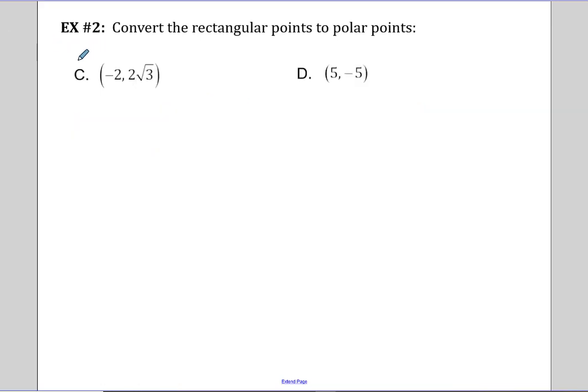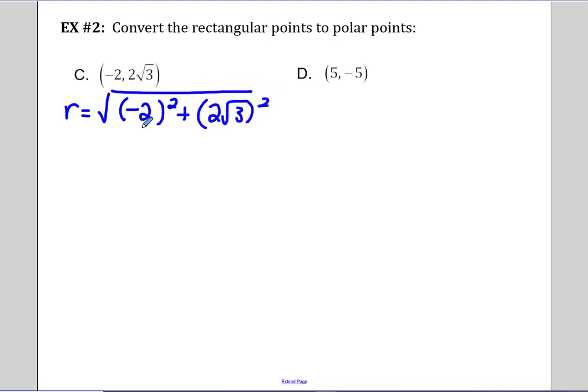In example 2, we're going to go backwards now. We've got to convert the rectangular points to polar points. So converting to polar, we want the radius, and that would be the square root of x squared plus y squared. And that radius turns out to be 4.